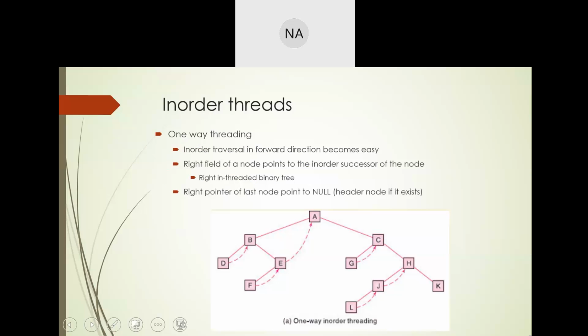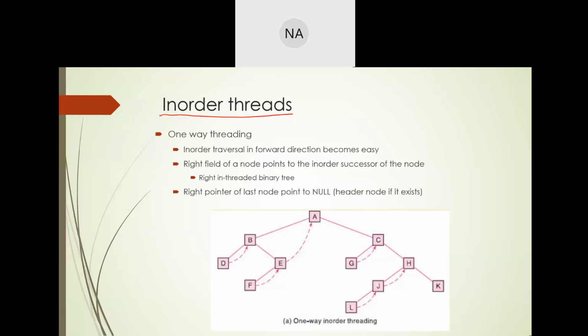We can have different types of threaded binary trees. We have in order threaded binary trees, we also have pre order threaded binary trees, but we don't have post order threaded binary trees.